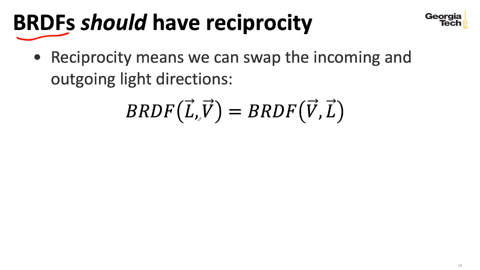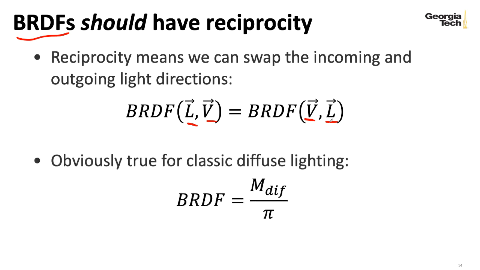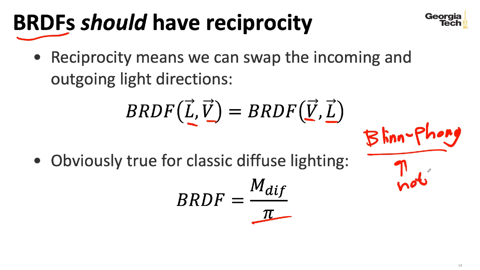And here, the reciprocity means that we should be able to change the location of the light source and the eyeball, and you get the same thing out. That's called Helmholtz reciprocity. Obviously, for this diffuse lighting BRDF we've looked at, it's just a constant, so it satisfies that. But very importantly, that Blinn-Phong model that I mentioned earlier does not have this reciprocity property.